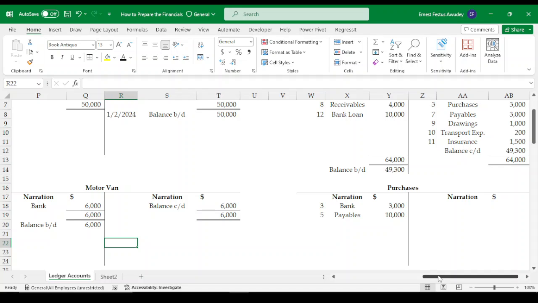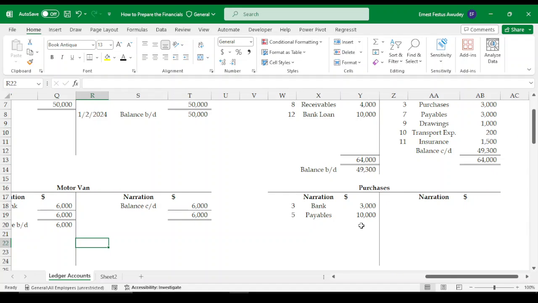All right. Okay, so let's come to our purchases. So the first step, calculate the total for both sides.